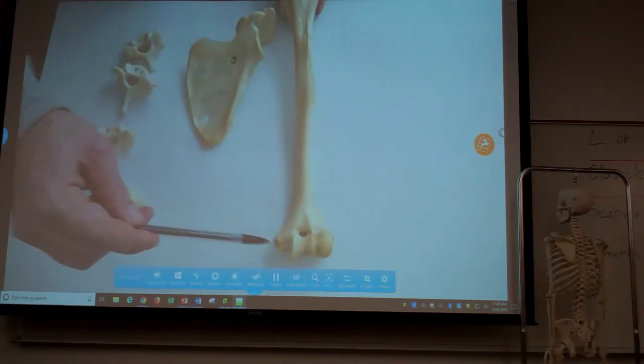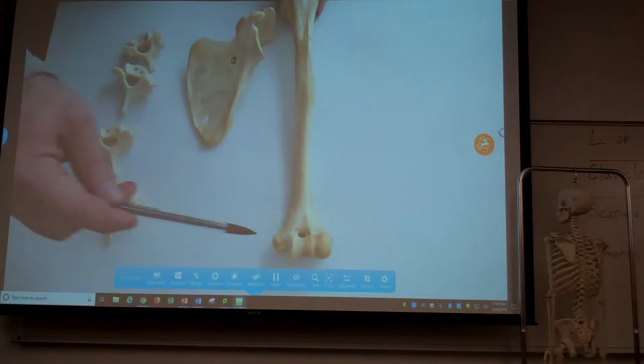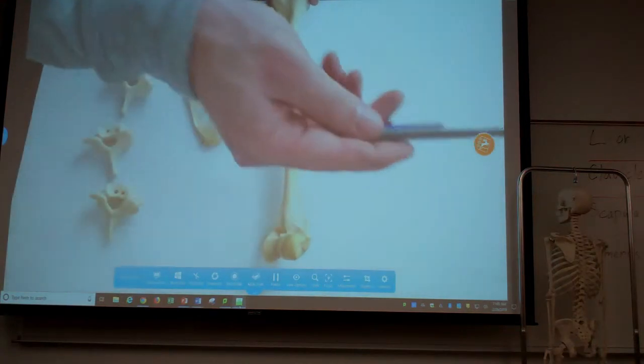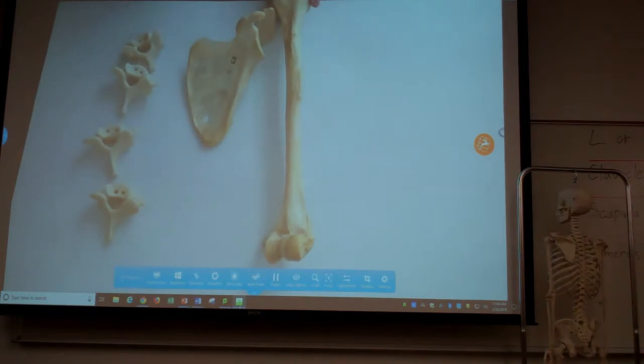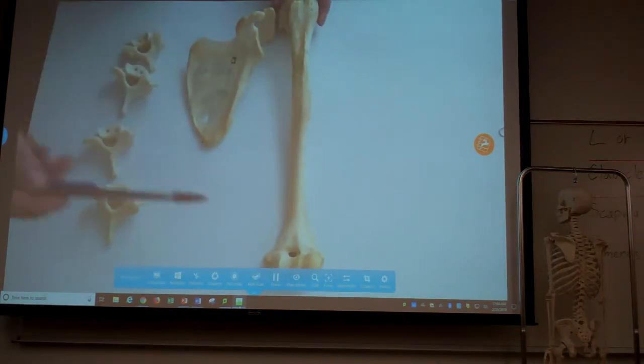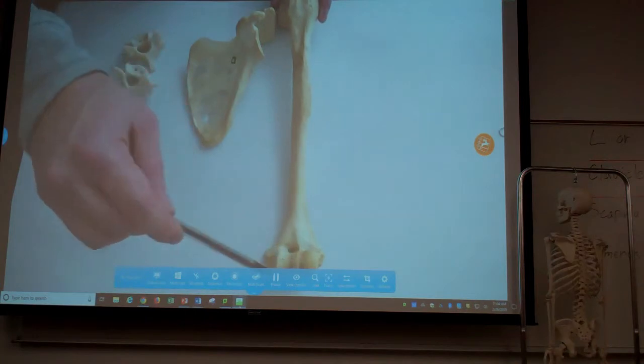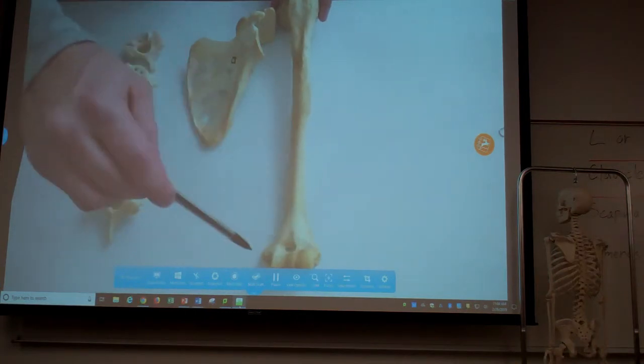Since this one's pointing in towards the spine, that's our medial epicondyle. This one's pointing out, so it's your lateral epicondyle. Epicondyle means immediately above your condyles. Condyles here, epicondyles here.